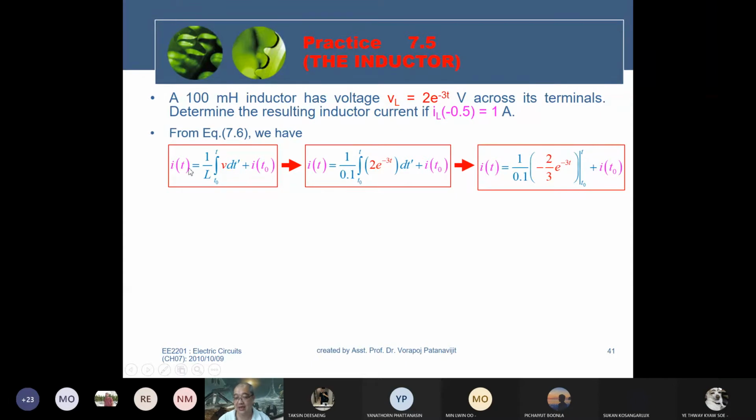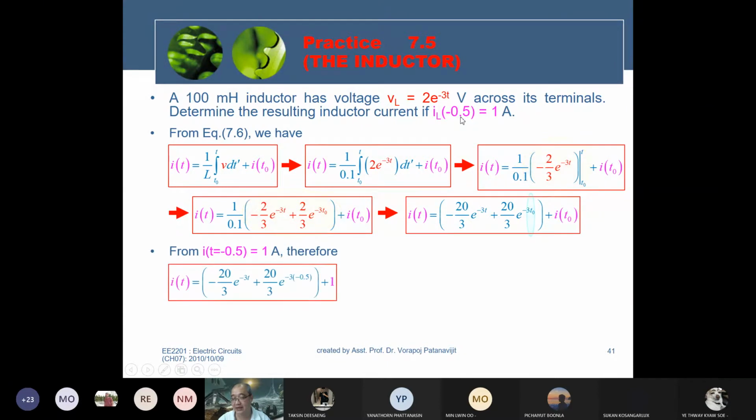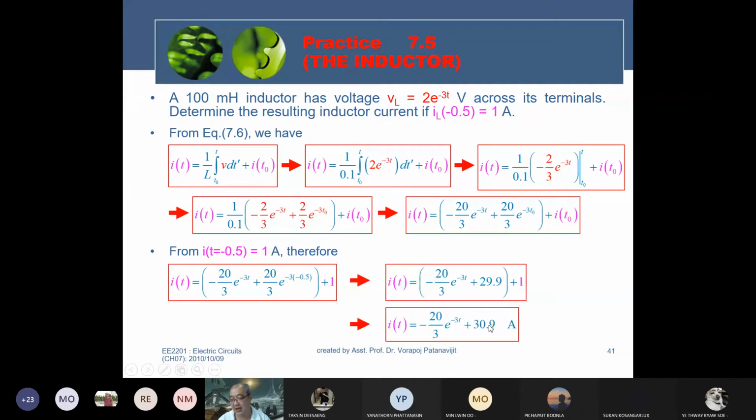Now if I give you V, I ask you for I, you integrate them with respect to time. After you integrate, you must substitute C0 here, and we use the initial condition: I at time equal to minus 0.5 second equals 1 amp. Substitute them and you get this constant.